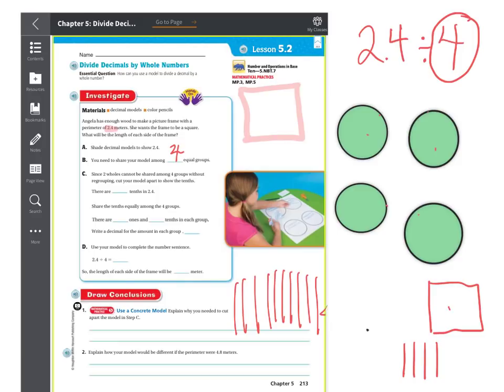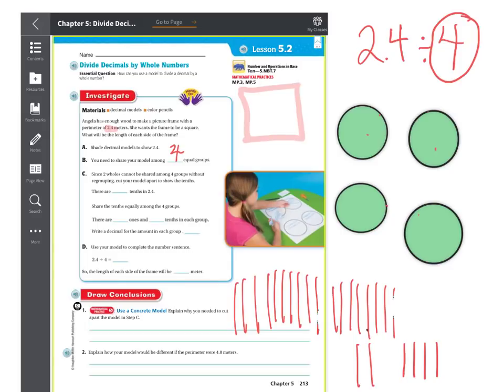I've turned it into this. Now I can divide it equally, and I'm also going to turn this into tenths also. 1, 2, 3, 4, 5, 6, 7, 8, 9, 10. So now I'm going to get rid of that.